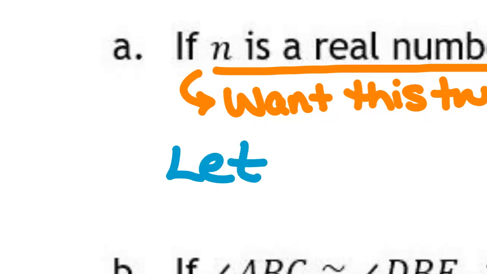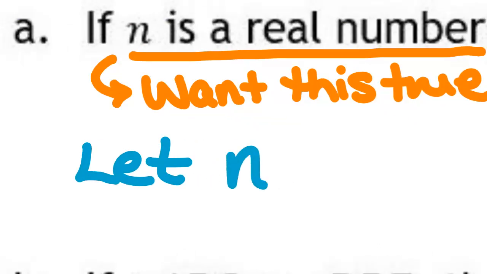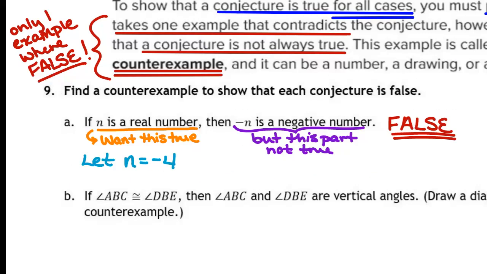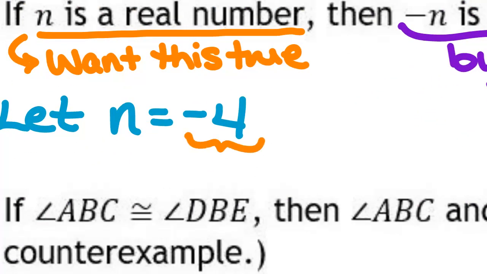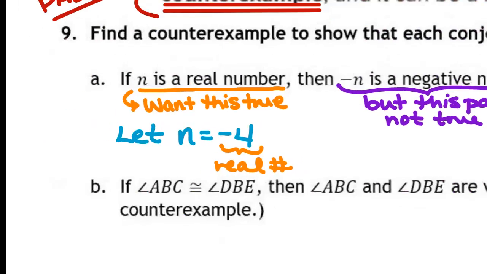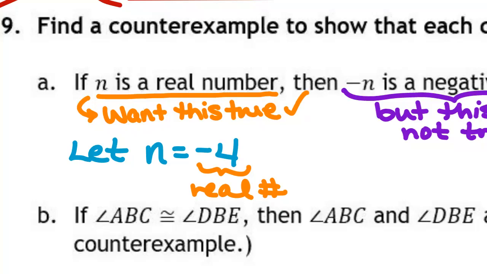Why don't we let n equal -4? This is a real number. So I got this part to be true.